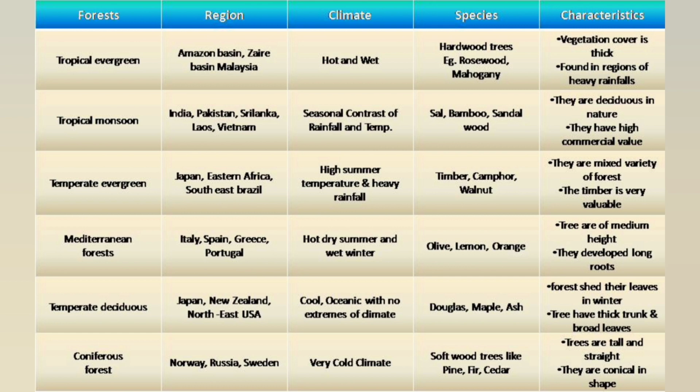Then, the regions where they grow and the species are given. I have mentioned a few of them. You can refer to other examples in the book. Then, the second category is tropical monsoon forest. Tropical monsoon or deciduous forests are found in the monsoon regions.